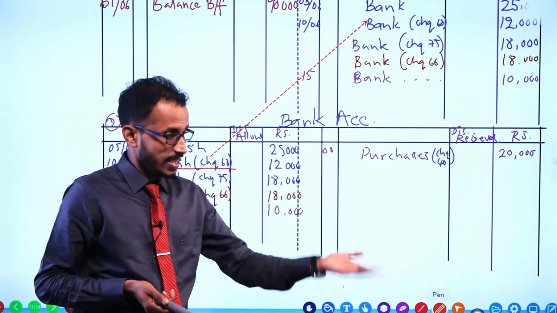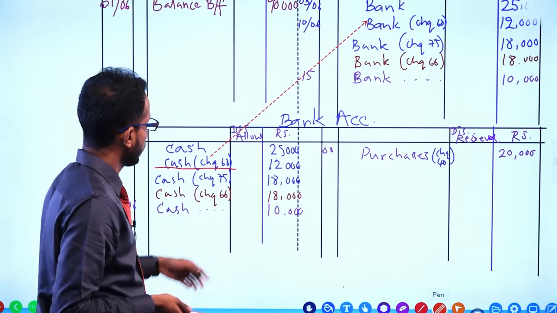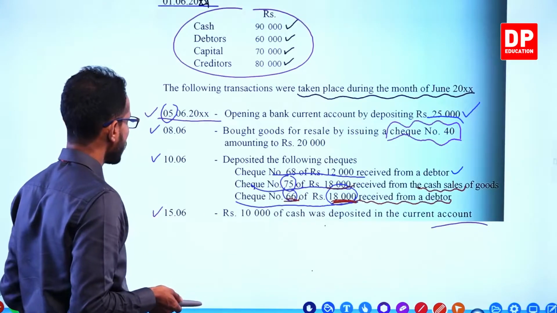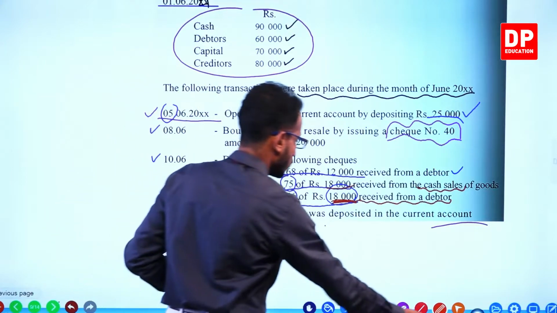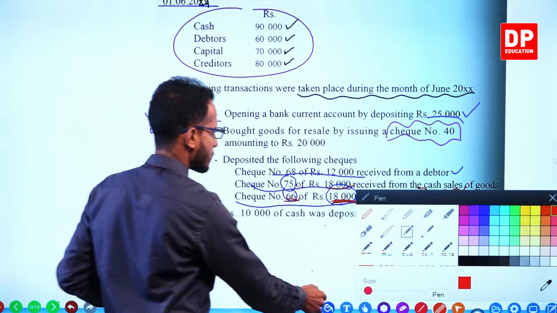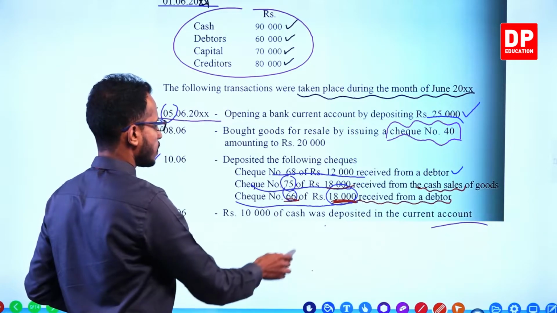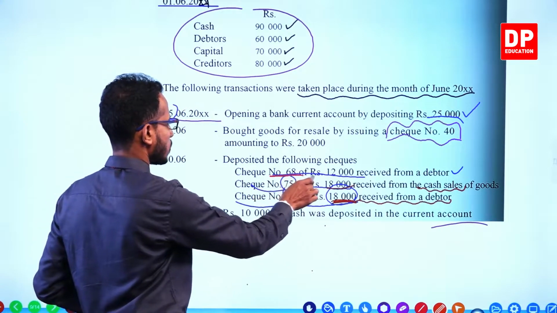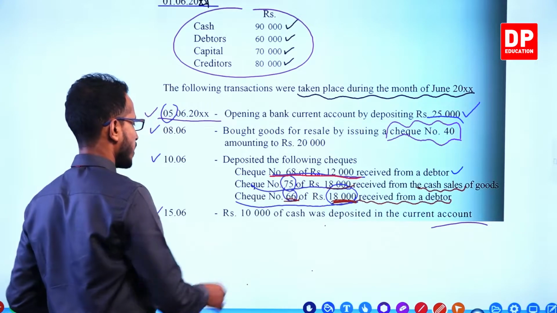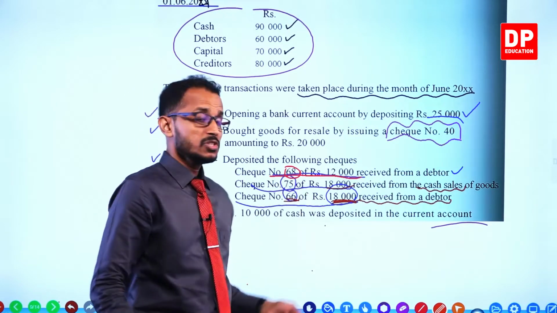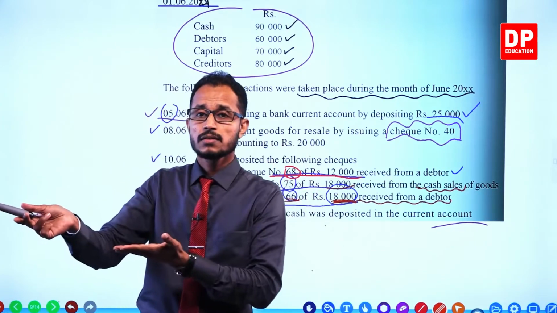The debtor gave us a check number 68. If you further want to clarify this, I will show you the check number. This check, check number 68. And we deposited this check in the bank.